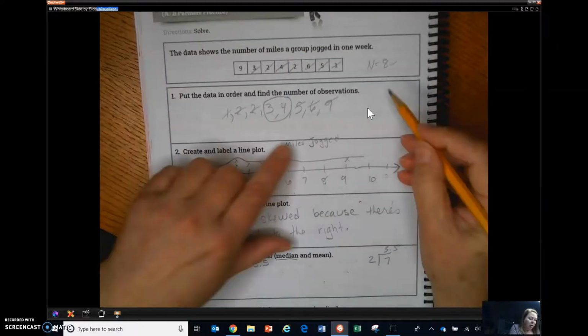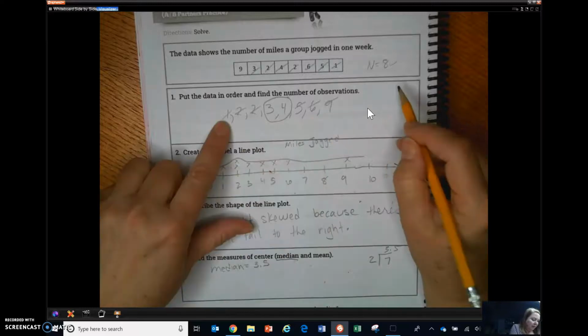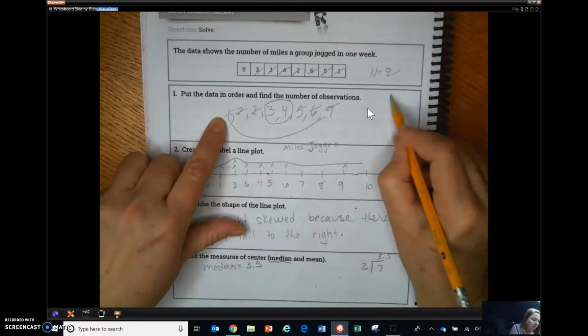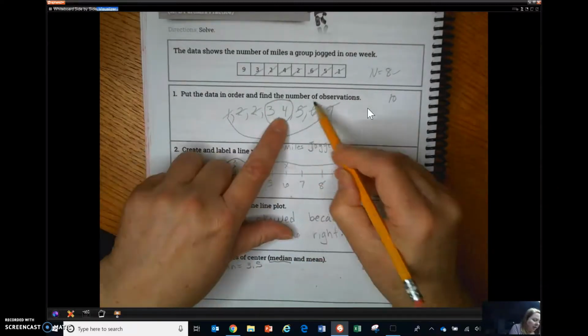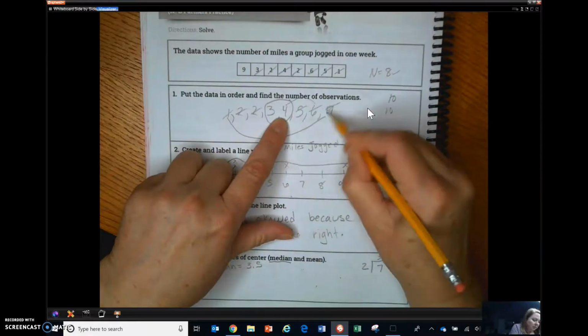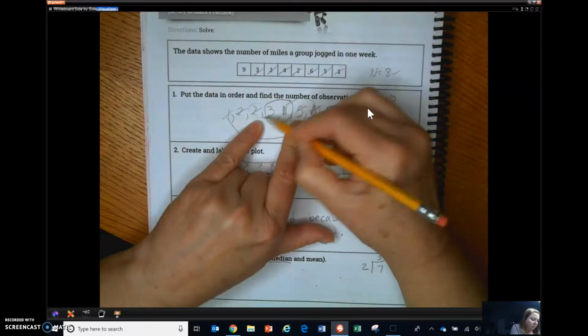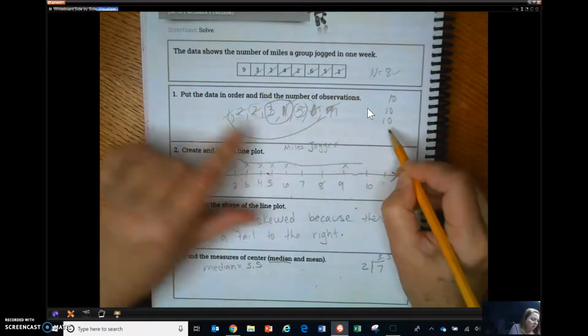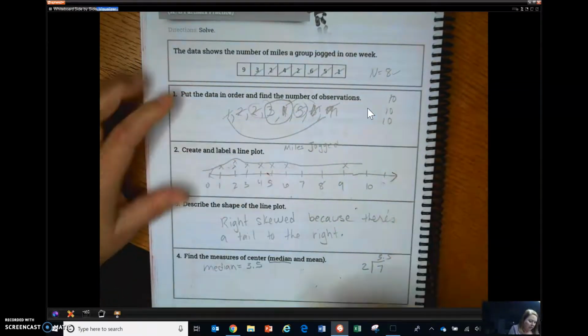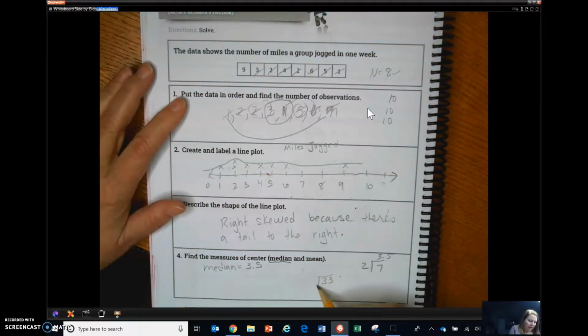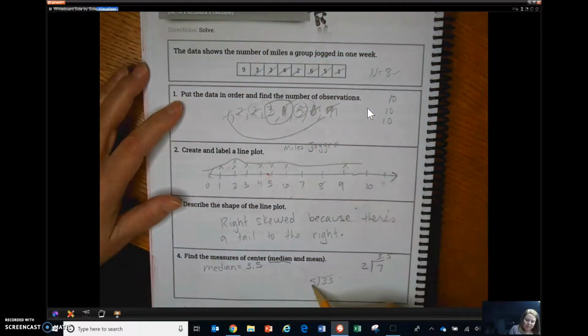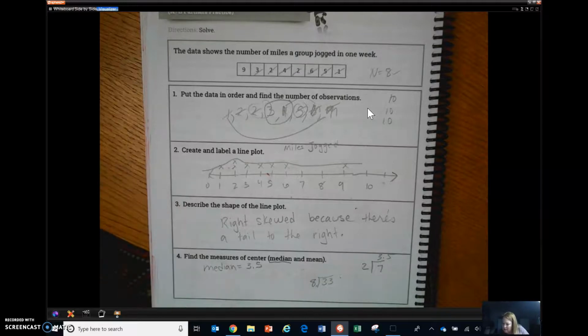Now, if I were to add all this up, let's see, right there's a 10, right here is a 10, here's a 10 with these two. So it looks like 33. 33 divided by, what do we say, 8 is, making sure I have this right.